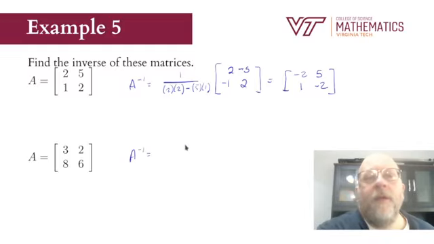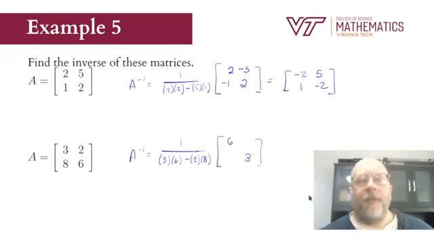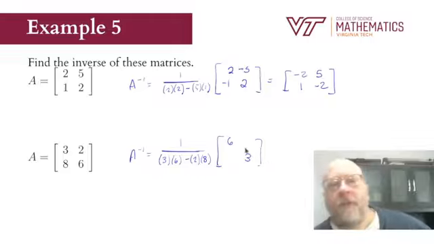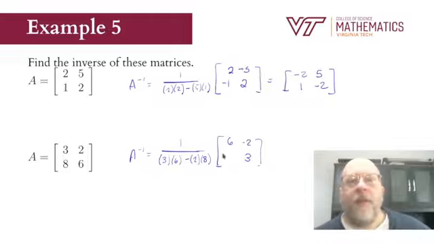Let's try one here. The determinant is 3 times 6 minus 2 times 8. So that's 18 minus 16. So the denominator here is 2, 1/2. The main diagonal changes places, so 3 and 6 switch places, and 2 and 8 switch signs.